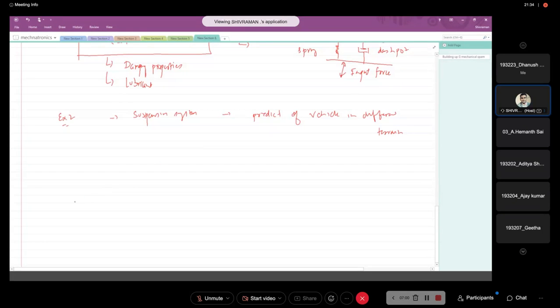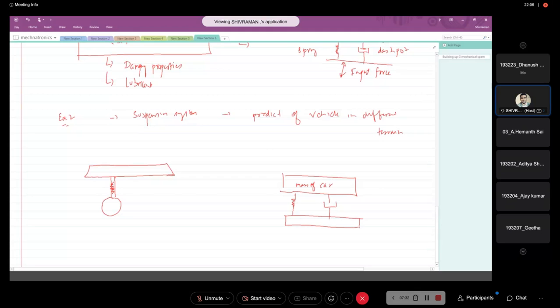Okay, so if you consider your suspension system, you have the tire here, then a suspension system, and then above the suspension system you have your vehicle body. So basically what you have here is the mass of your car, then the suspension system, spring and its dampers. Then you also have the mass of the suspension.